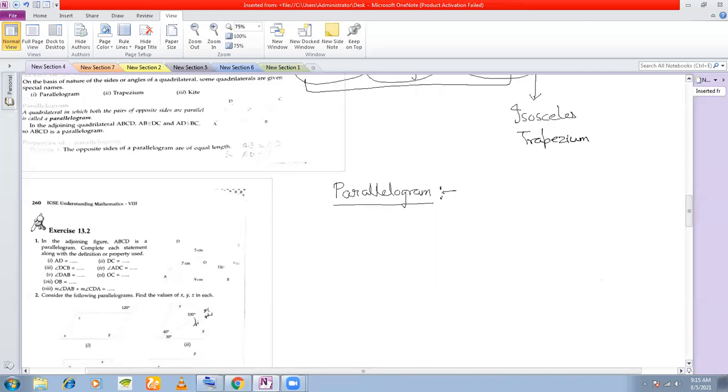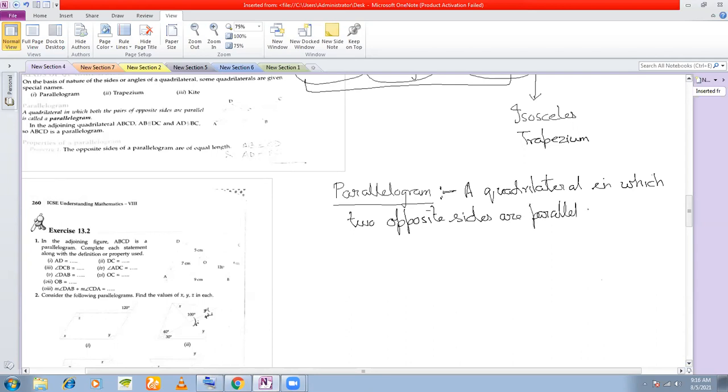The definition of a parallelogram is that a quadrilateral in which two opposite sides are parallel is called a parallelogram.